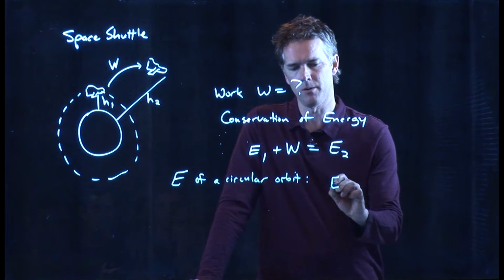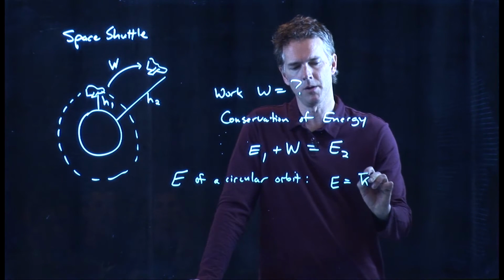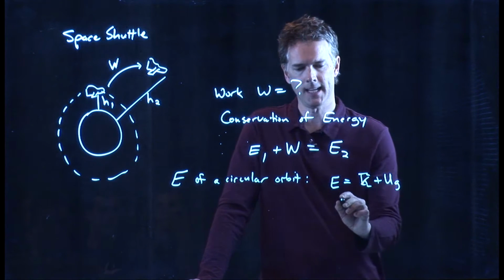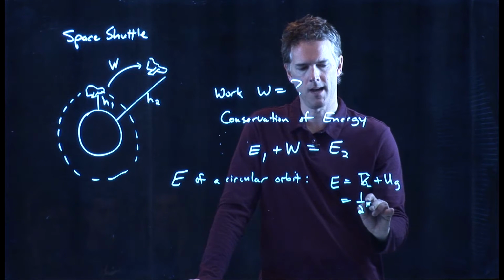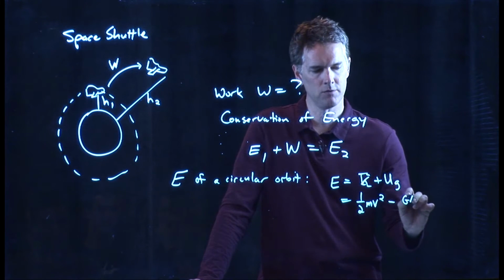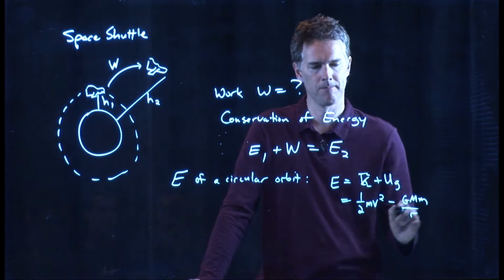Well, we do the following. Energy is always kinetic plus potential. Kinetic is 1/2 mv squared. What's potential? Negative GMm over r.